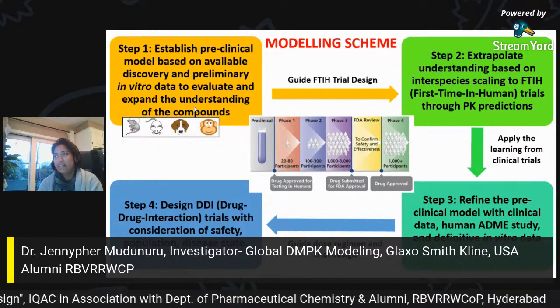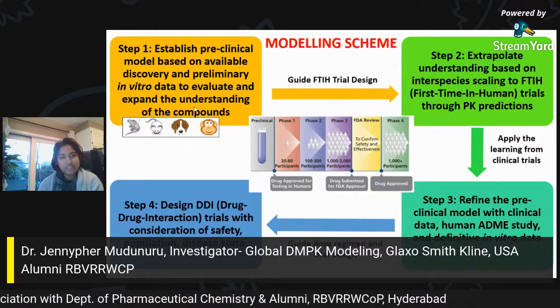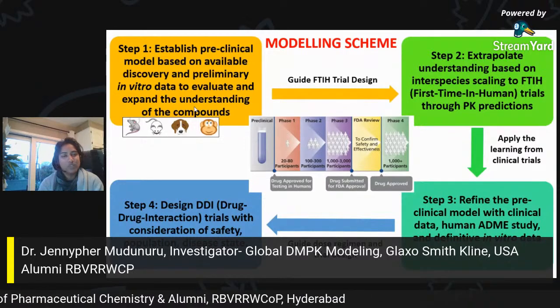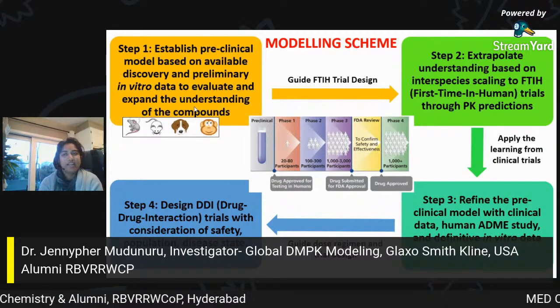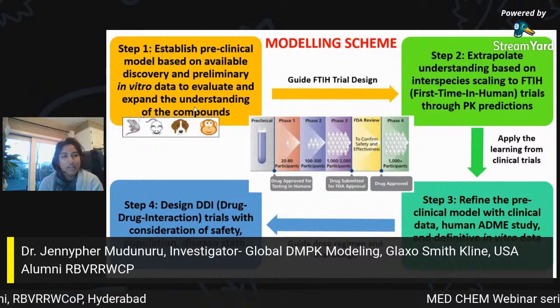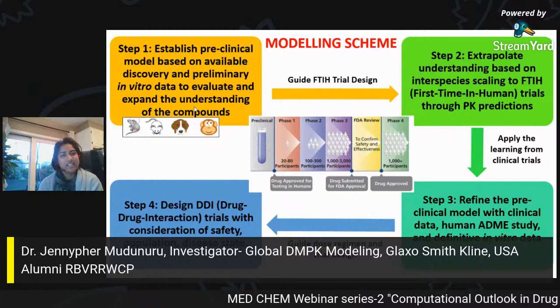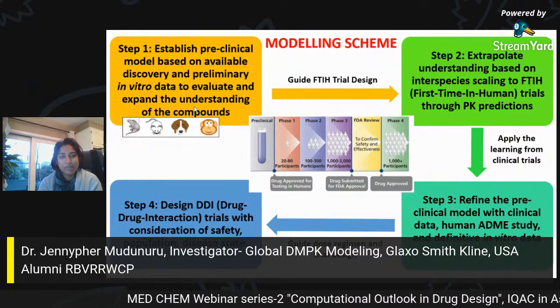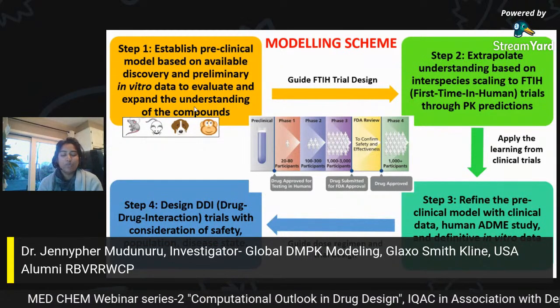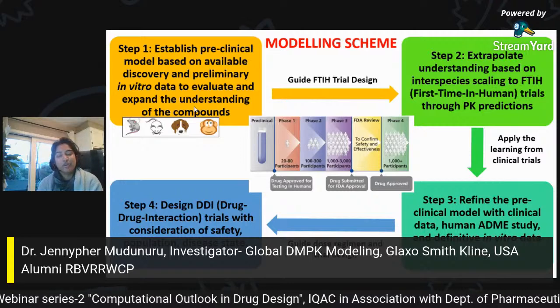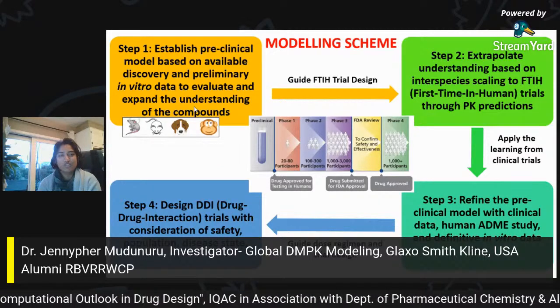For example, let's say you have 5 compounds and we have to prioritize which one will go further into development. We have preclinical data from those compounds. We build a model, and then we run certain efficacy study predictions and safety predictions and see which one performs better. So it helps you prioritize within those compounds.